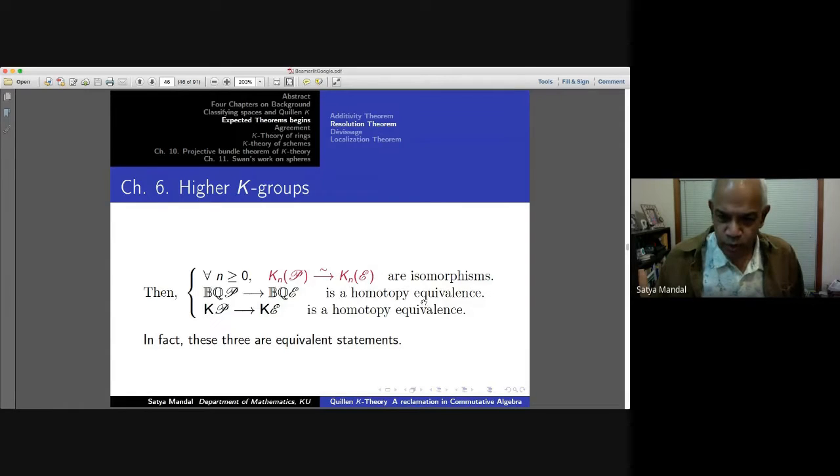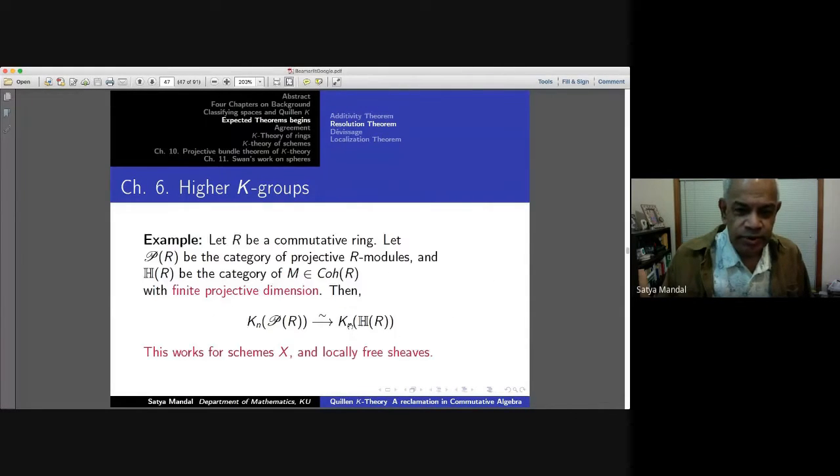The classifying space will be a homotopy equivalence, and the K-theory space, that is the loop space, that map also will be a homotopy equivalence. And these three are essentially equivalent statements, okay. So yeah, fine.